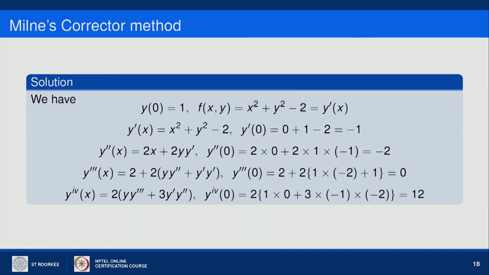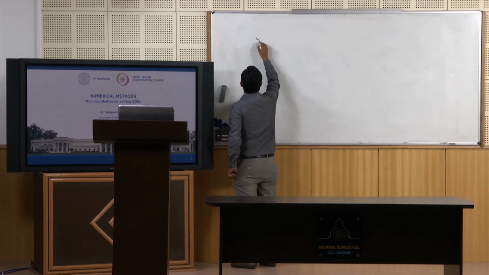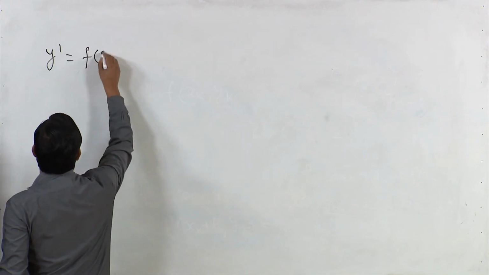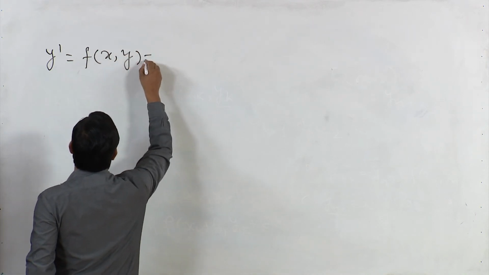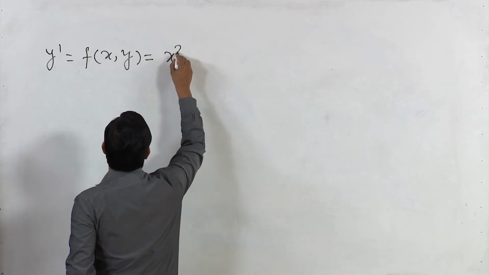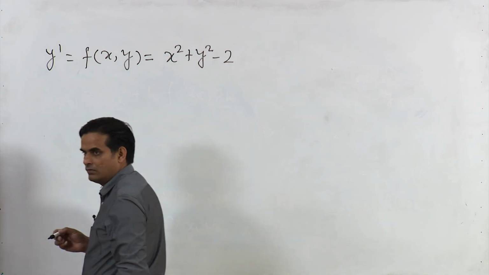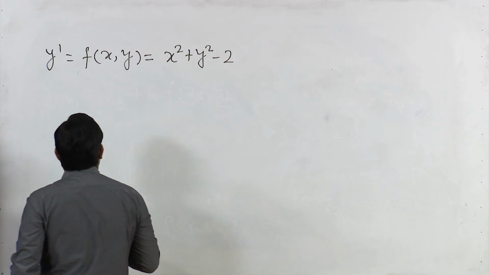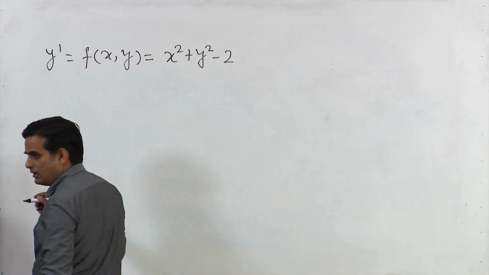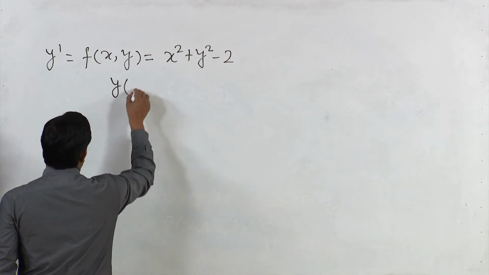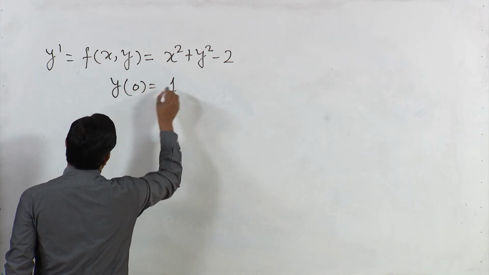So here y0 is 1, and f of x, y is x square plus y square minus 2, that is my y prime. So basically, y prime is f of x, y and it is x square plus y square minus 2, and it is also given that y0 equals 1.